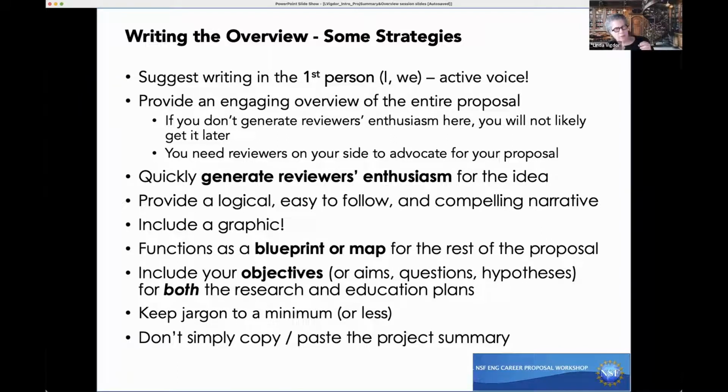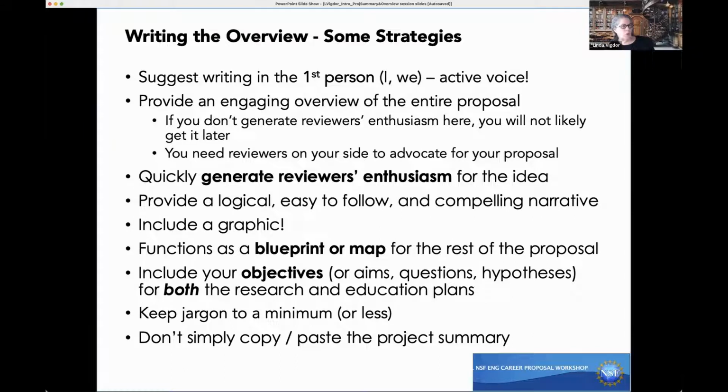Because in the first few paragraphs, if they aren't excited about the problem and the solution, or don't see any kind of real need for it, they're probably not even going to read it very closely. So you really do want to do all you can to get them excited about it. Keep in mind that you're going to need your reviewers on your side to advocate for your proposal in the panel review.